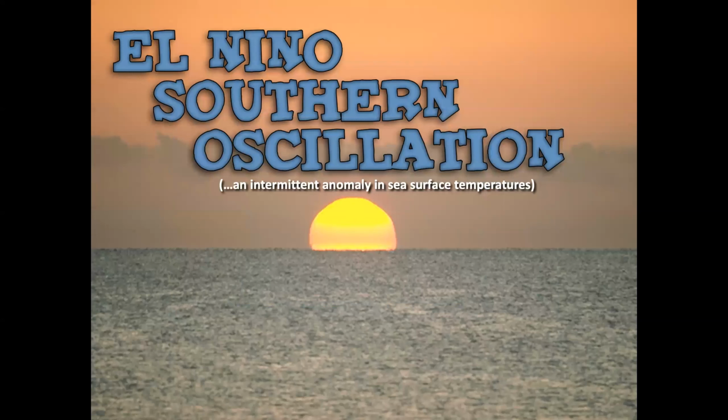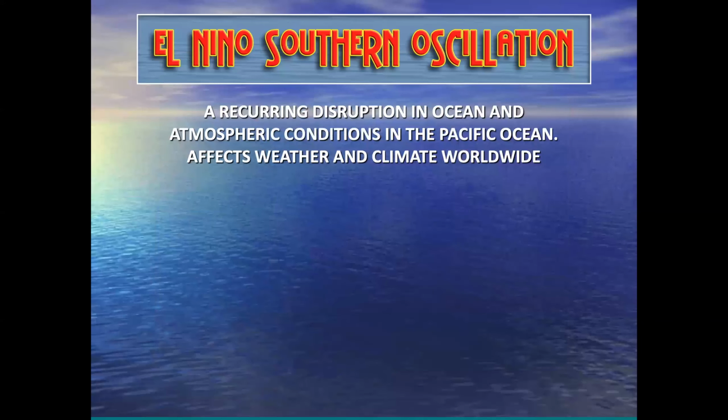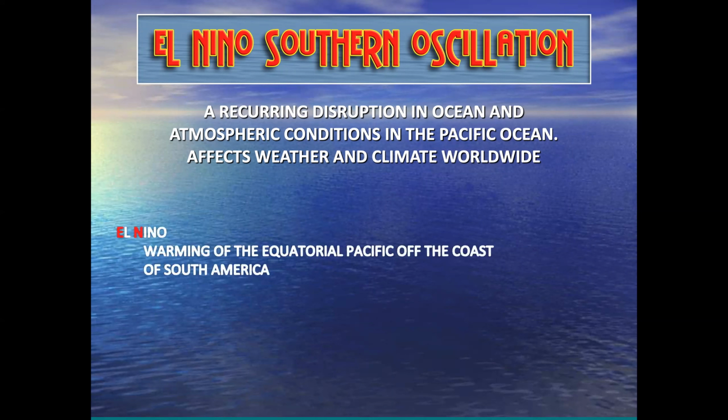El Nino, or ENSO, is an acronym for El Nino Southern Oscillation. It's a recurring disruption in the ocean and atmosphere, especially in the Pacific Ocean, and the repercussions tend to be global. So El Nino is that.